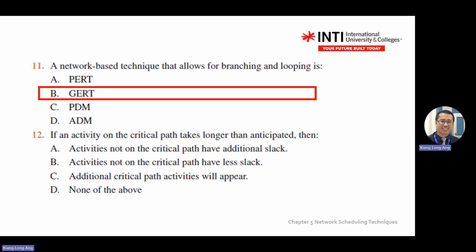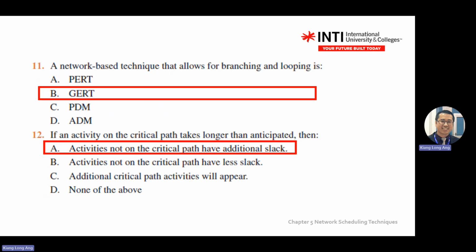Okay. If an activity on the critical path takes longer than anticipated, then what? Activity not on the critical path have additional slack. Meaning it's shifted.